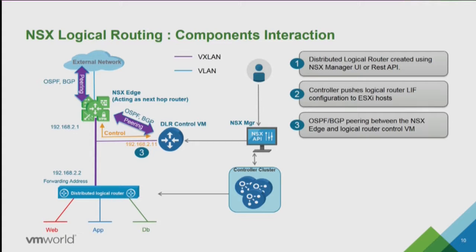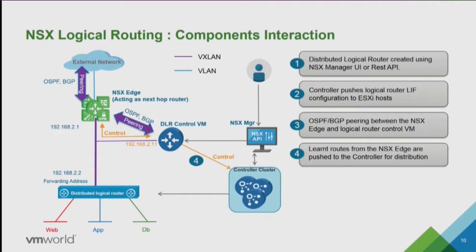So we are setting up this dynamic routing protocol between the control VM and the edge to be able to learn there and advertise our potential directly connected subnets.